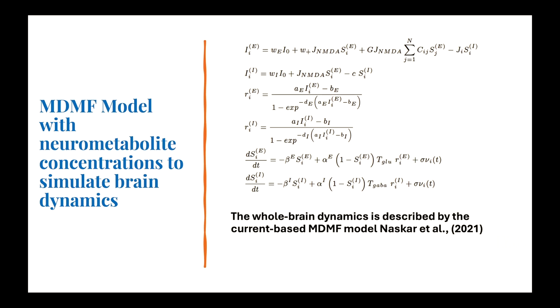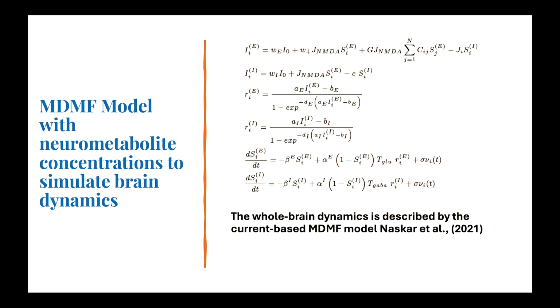Amit Nashkar, who was working with Arpan, and who developed this model, a current based multiscale dynamic mean field model. I am not going to go into the big details of it, but want to highlight the most important points, which are these T GLU and T GABA, the glutamate and GABA parameters that were introduced in the model.